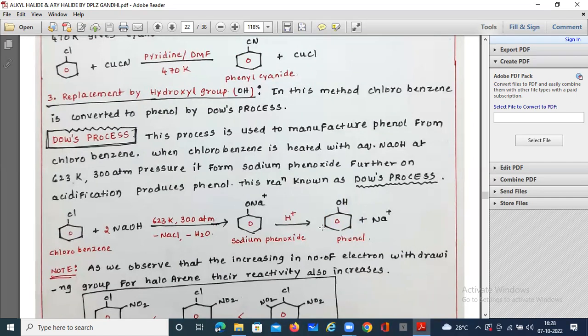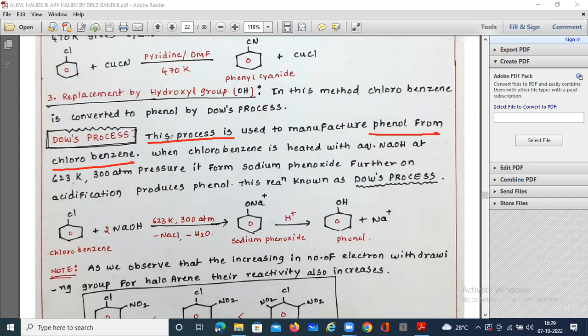Conversion of haloarene to phenol through Dow's process. The Dow's process is used to manufacture phenol from chlorobenzene, important one.